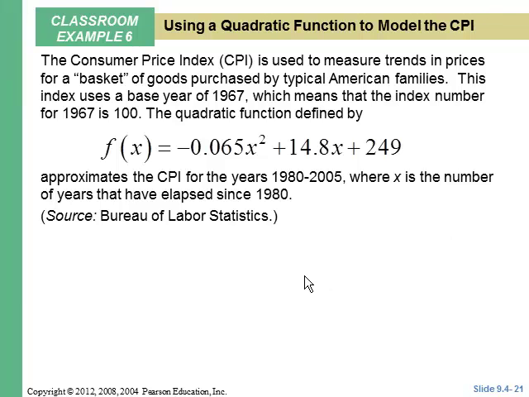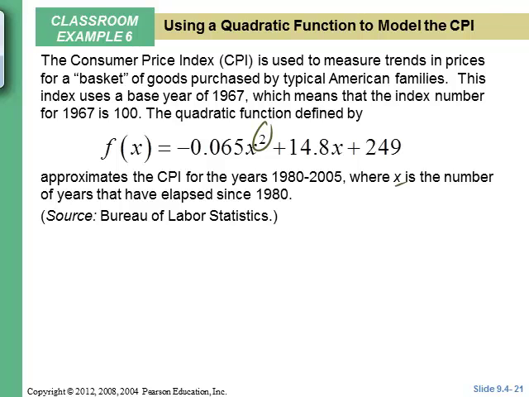Another time where you use a quadratic formula, notice, is the consumer price index. This index uses the base year of 1967, which means the index number for 1967 is 100. X is the number of years that have elapsed since 1980.